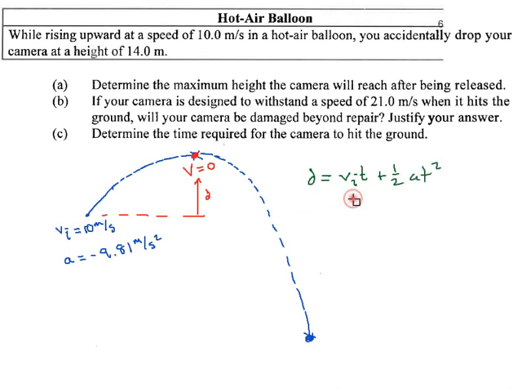We want the distance, we have the initial velocity, we have the acceleration, so that's sounding good, but we don't know how much time it takes to get to the top. Although, you know what, we could find that. That wouldn't be so bad. Maybe I'll do it two ways.